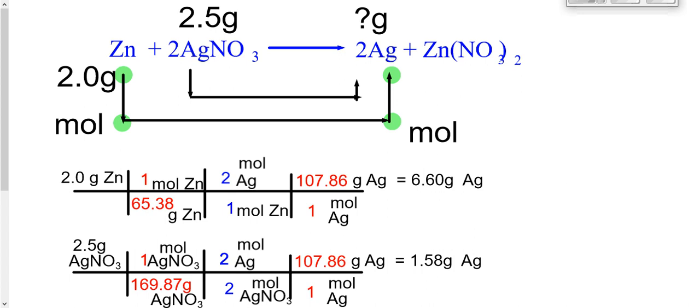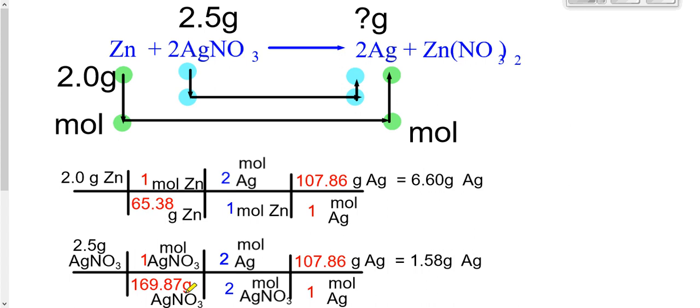Following along with our second given information, if we start with this 2.5 grams of silver nitrate, which I label at the end of the line, I could change that first to moles of silver nitrate, and then using my balanced equation, change that to moles of silver, and then using the molar mass, change that to grams of silver. Starting with 2.5 grams of silver nitrate, we know that 1 mole of silver nitrate weighs 169.87 grams.